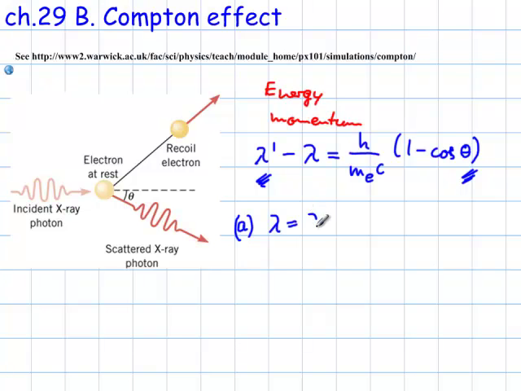So it's going to be lambda prime minus h over mc times 1 minus cosine theta, and then equals, and that should come out to something in nanometers.